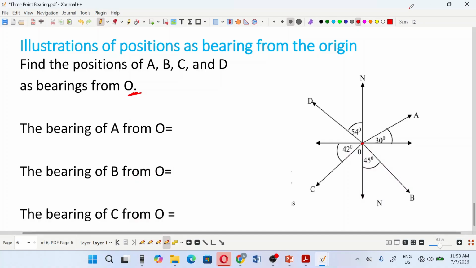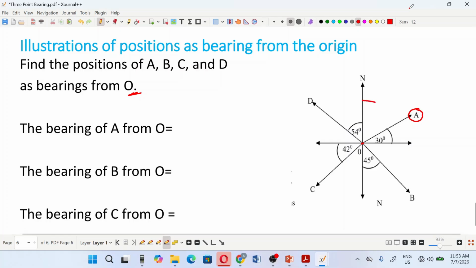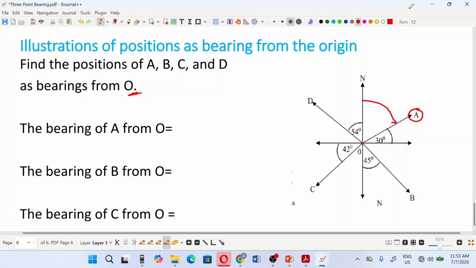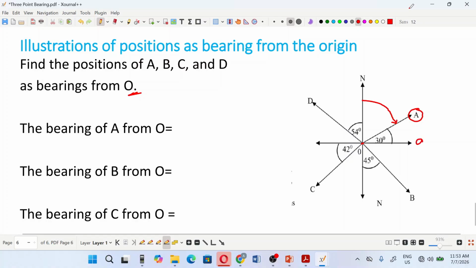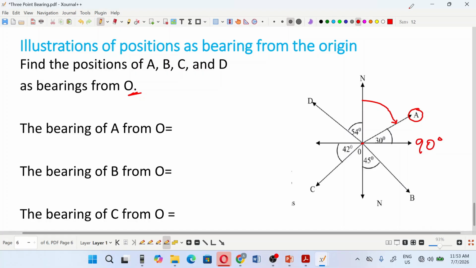And it's saying that the first one, the bearing of A from O, this is the point A. And I want the bearing of this particular A from O, and we always measure from the geographical north, meaning I want to find out the bearing of this point to this point, right? And I know that this is 90 degrees. The whole of that origin will have been 90 degrees.